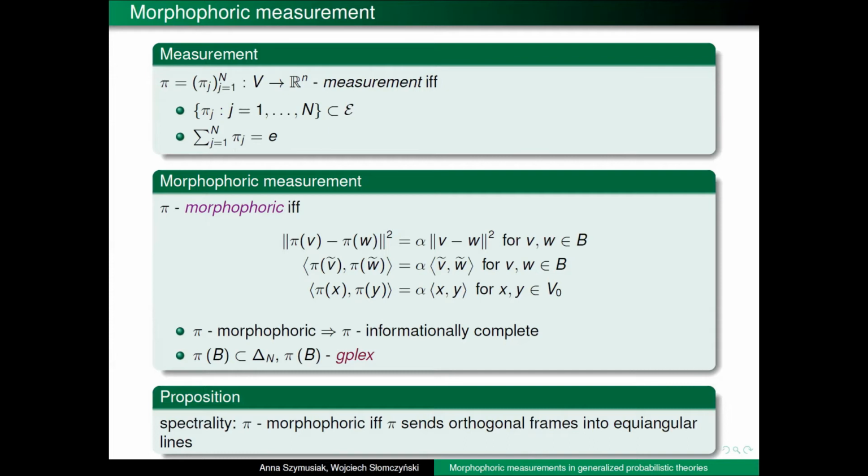Not necessarily, because the number of these equiangular lines is the same as the number of effects in a measurement, so it is not necessarily the maximal number of equiangular lines. In any case, it's not a trivial question. It's not obvious. Maybe the question is easy, but maybe I have to think more about it. But it's a very crucial question.